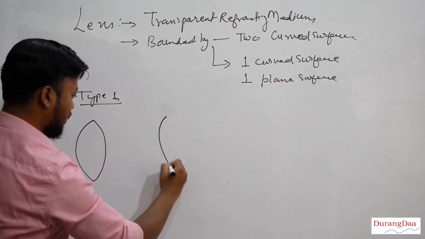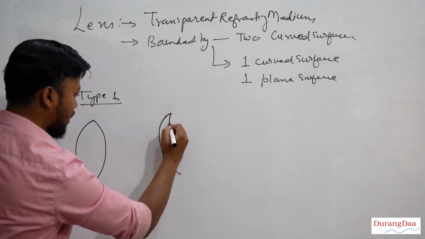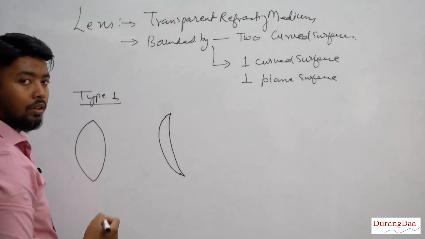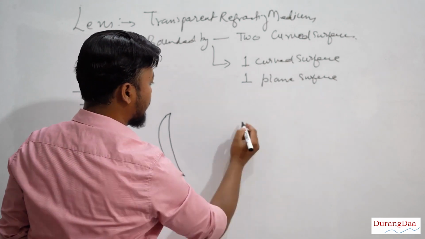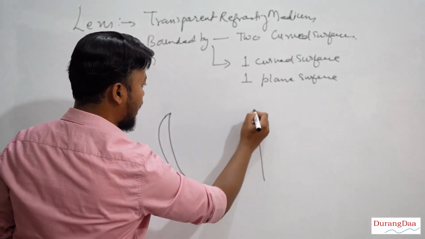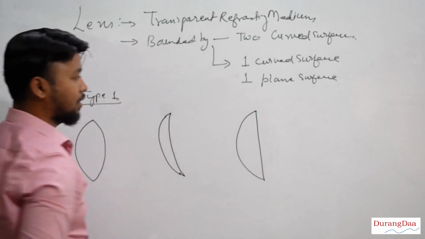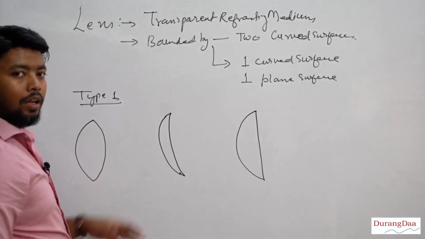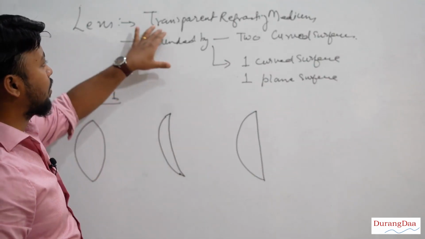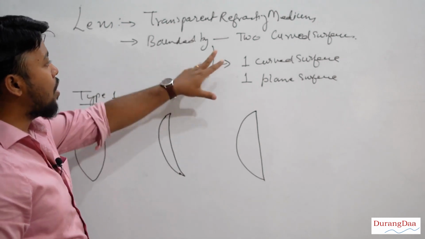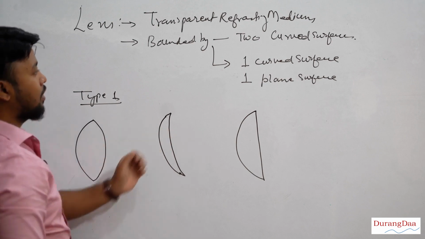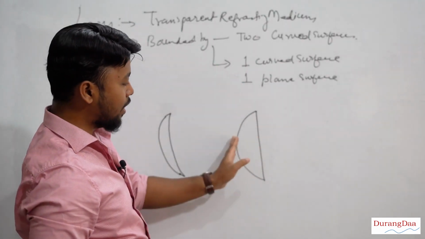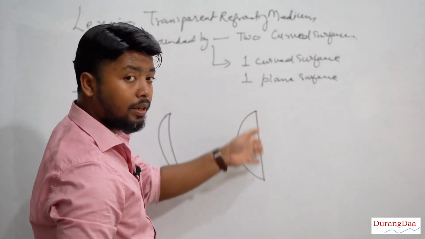Two curved surfaces, first one, and this is the second one. Or one curved and one plane surface. That means this is one plane and one curved surface. This is type 1. Our interpretation of the definition: two curved surfaces on both sides, and one curved and one plane.